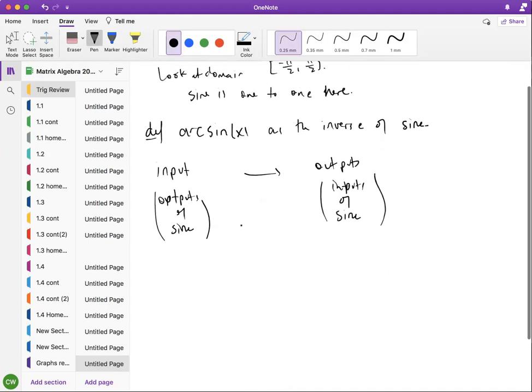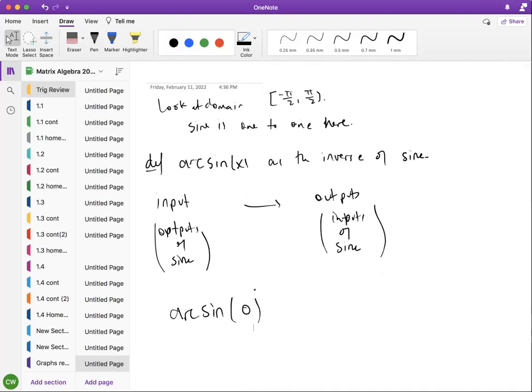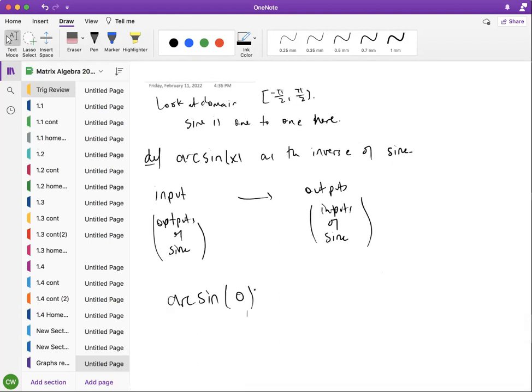So for example, if I have arc sine of 0, let's say it outputs inputs of sine in the range negative pi over 2 to pi over 2.